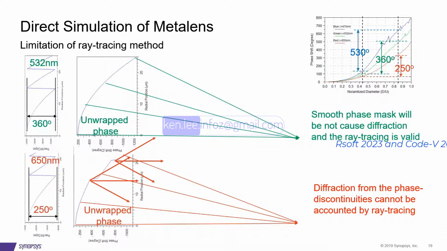However, when we change to a different wavelength, the unwrapped phase is not as smooth anymore, and the light from each segment will interfere with each other. In addition, diffraction effects at the phase junctions make things even worse. Unfortunately, those coherent phenomena cannot be accounted for by ray tracing.